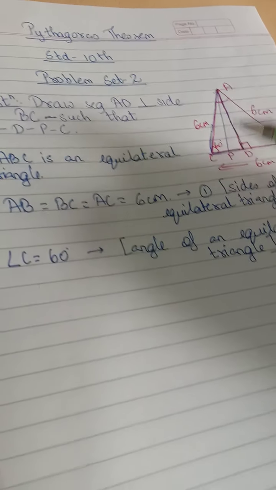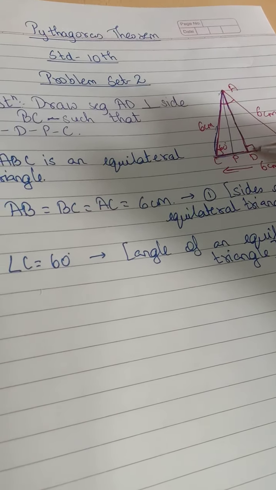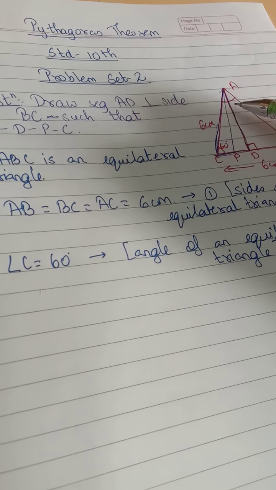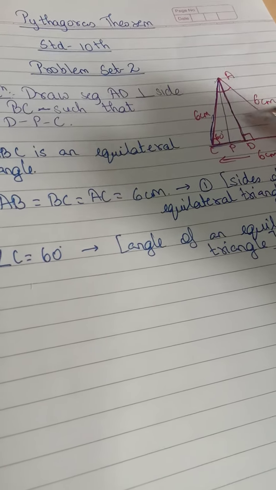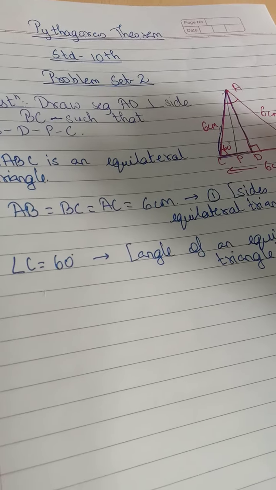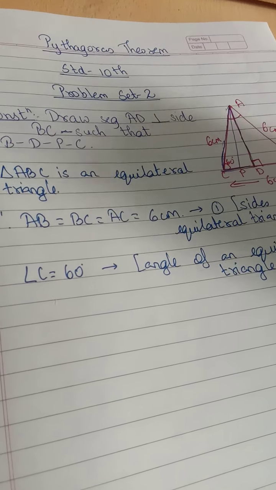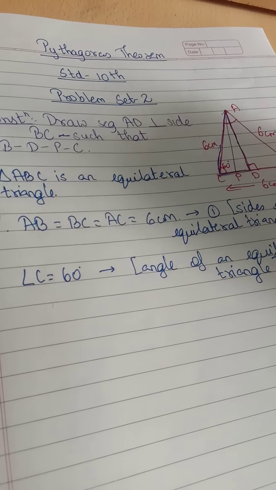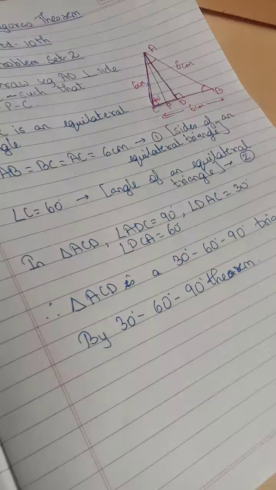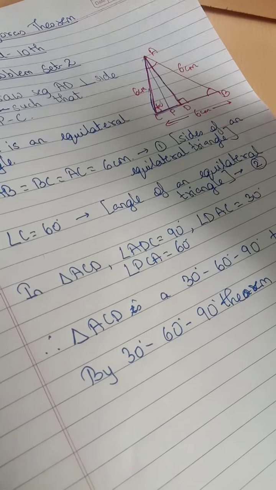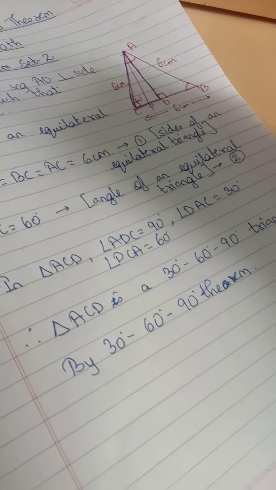So automatically angle CAD will be 30 degree, and therefore I can state that triangle ADC is a 30, 60, 90 degree triangle, and I will use the 30, 60, 90 degree triangle theorem.